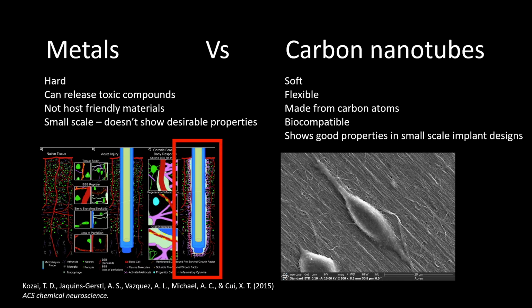See how compatible this cell is on a carbon nanotube film. So carbon nanotubes show better properties than metals. Also, when these implants are produced in small scale, carbon nanotubes show better properties than metals.